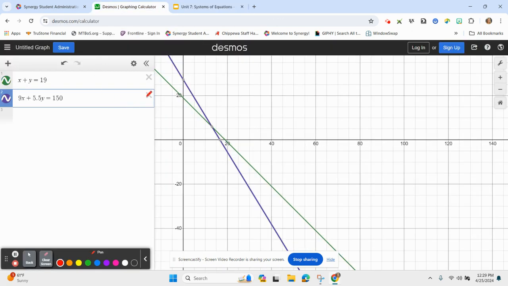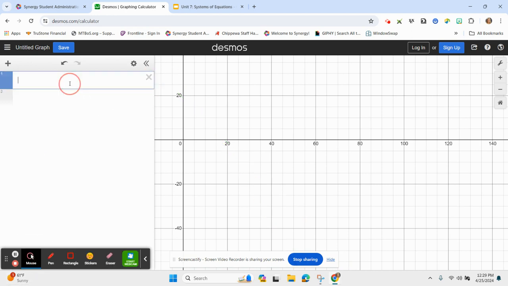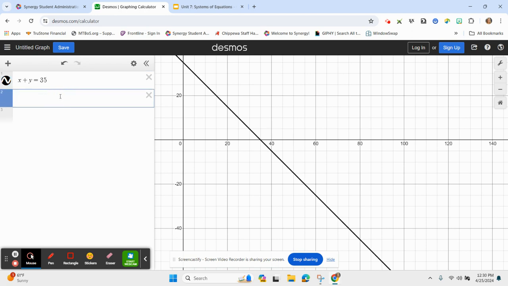And so in my Desmos screen here, my first equation is x plus y equals 35. And my second equation here is 7x plus 3y equals 193.